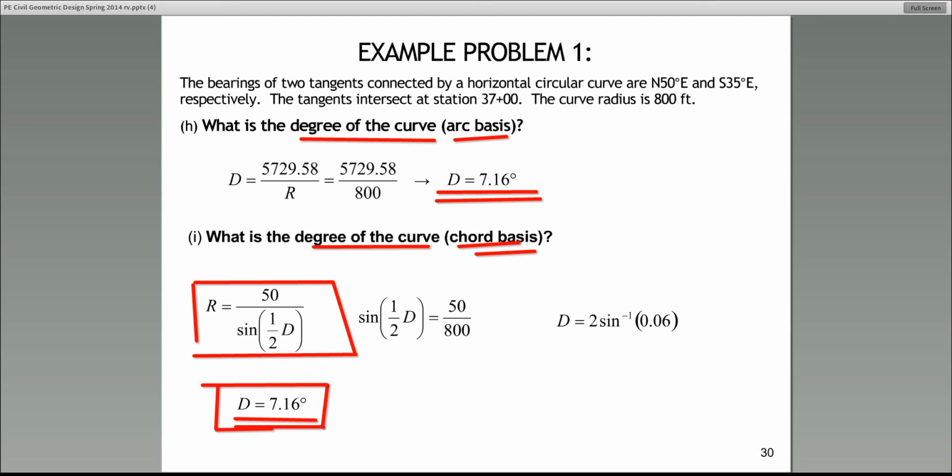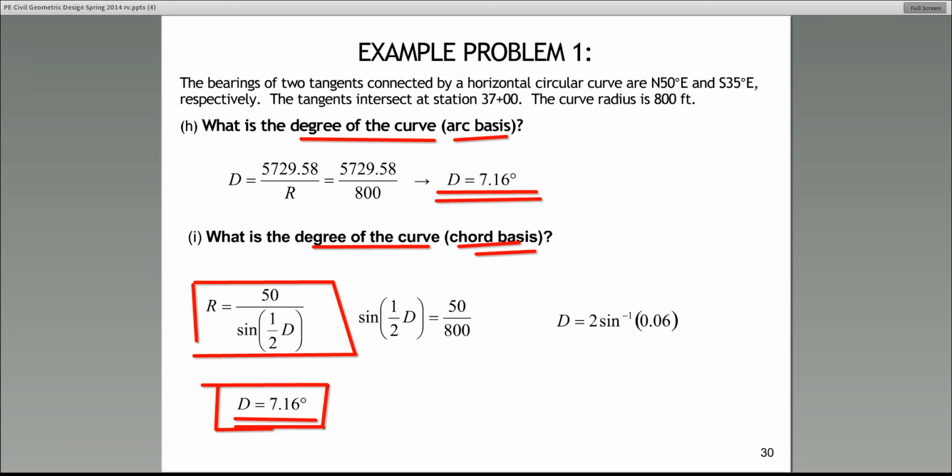If the degree of curvature using the arc basis and the chord basis are the same number, that tells me no, it's not symmetry. What that means is the curve is very flat. Lisa got it right.